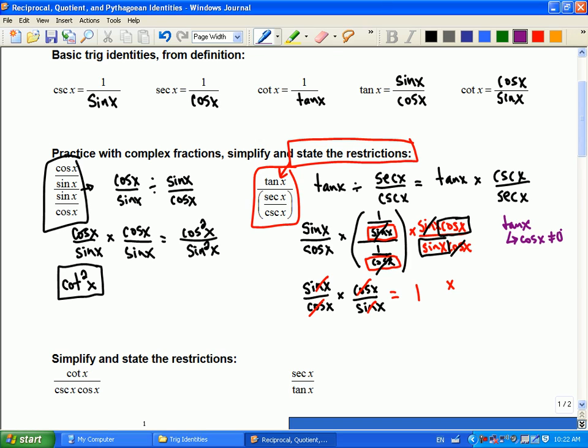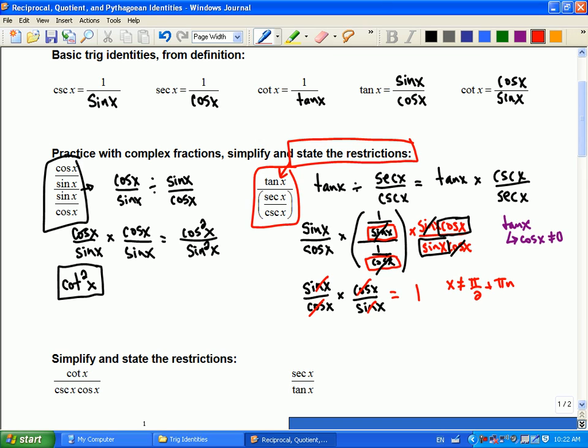Does anybody remember where that happens? Yeah, pi over 2. So the first thing I'm going to put in here is x can't be equal to pi over 2 and any multiple after that, right? So yes, the value is 1, but you cannot do this at pi over 2 plus any multiple of pi. Like pi over 2, 3 pi over 2, 5 pi over 2, 7 pi over 2.